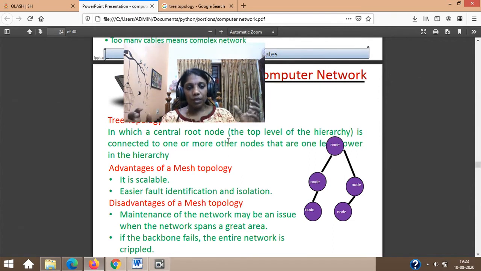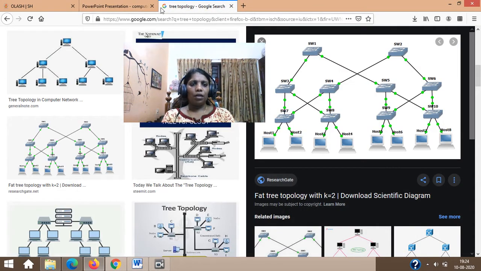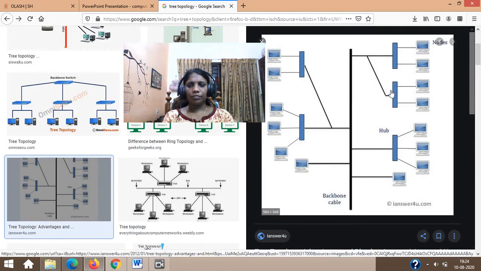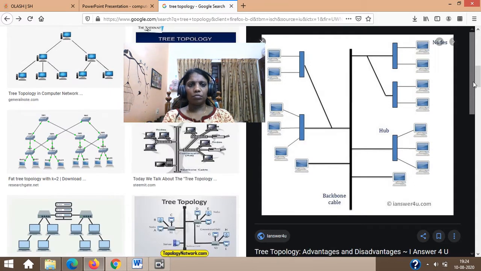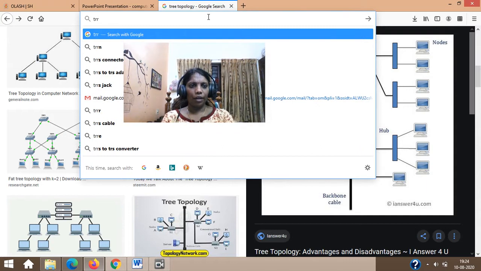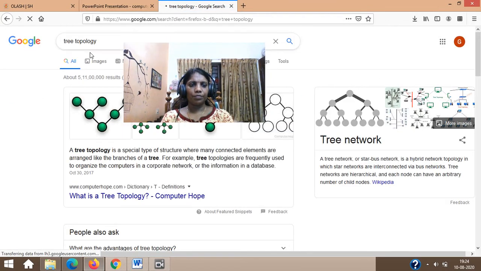Now, a definition we will definitely form, because we need a definition. We will just see from here, it's the best definition we can have regarding tree. So what I just told about tree is correct or not, you can just check. Tree topology definition is here.